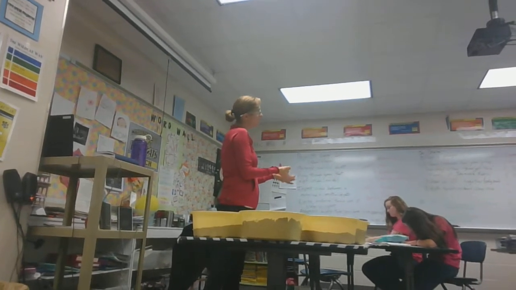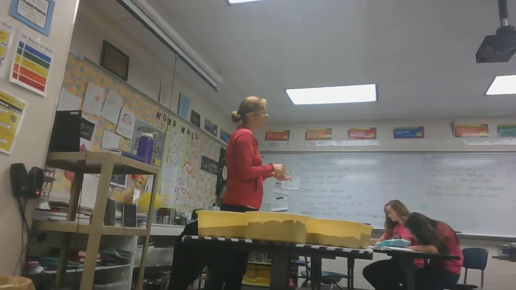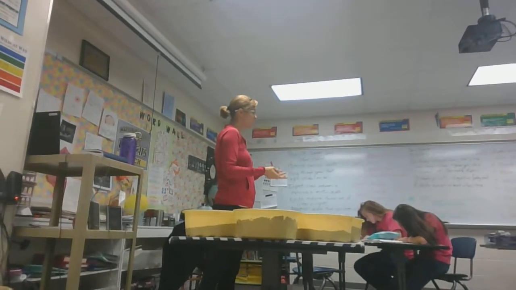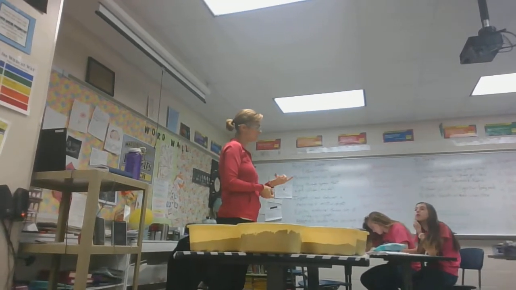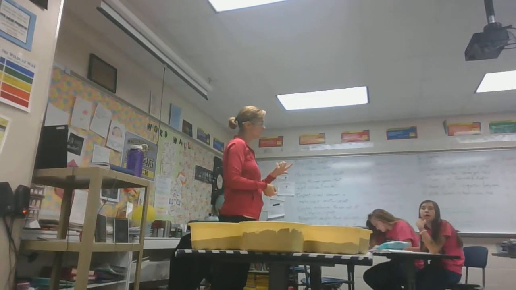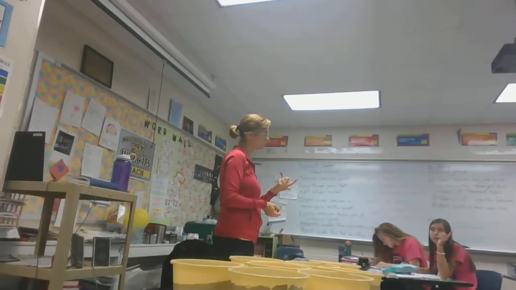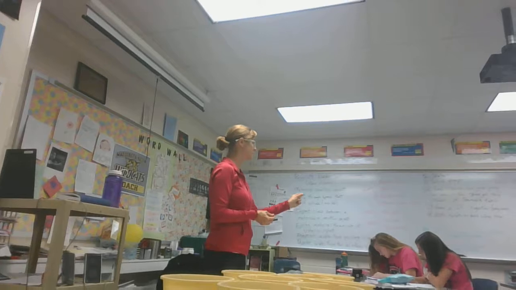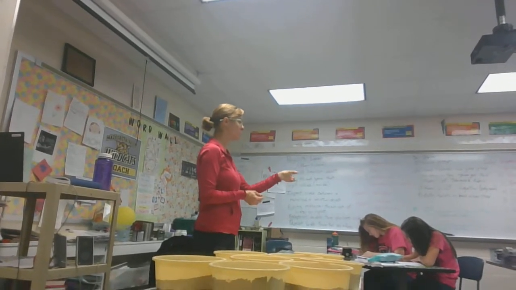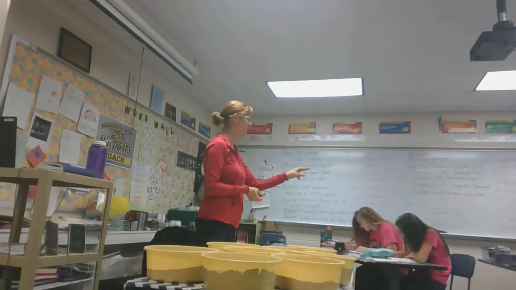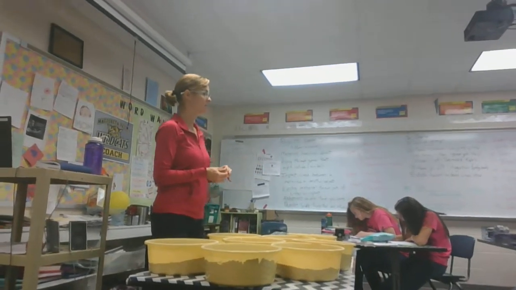And then let's talk about your dependent variable. You said the crater will get larger. What are you going to measure? So you're going to measure the diameter of the crater, the width of the crater. Great. Go ahead and change that. Make it that specific.